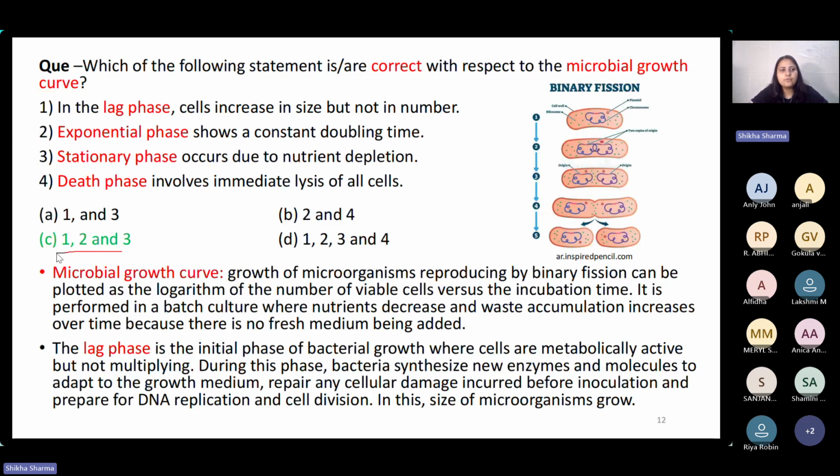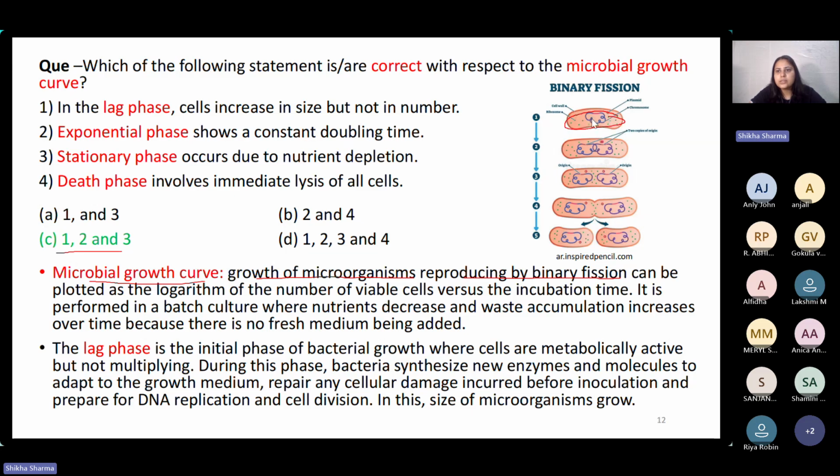Let's understand why the fourth is the incorrect statement. So the microbial growth curve basically shows the growth of organisms reproducing by binary fission. Binary fission is, suppose this is a bacterial cell.